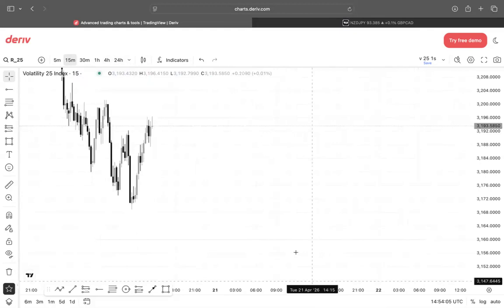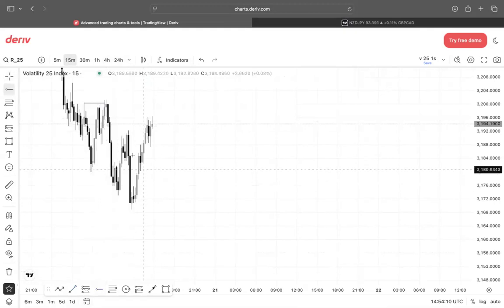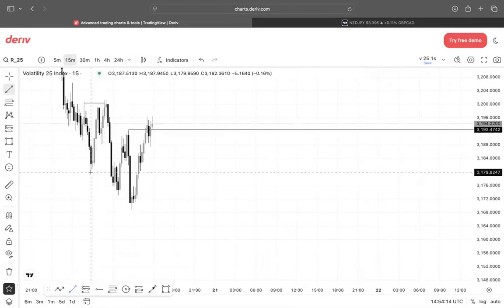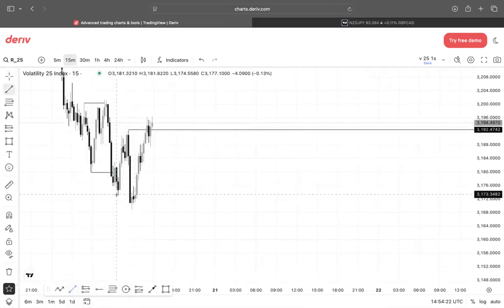So we had our sweep, and then a break of structure. This is a type A setup: a break of structure, price retraces, and gives us our point B. So this is our other break of structure.